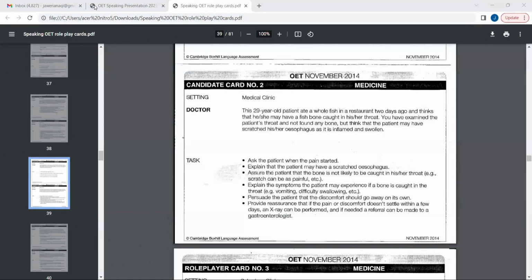Okay, if there is a bone, you would feel like you will vomit, you would have difficulty swallowing, and the pain would be worse. So now, as your condition has settled down, mostly it could be a scratched esophagus, a scratched tube pipe.